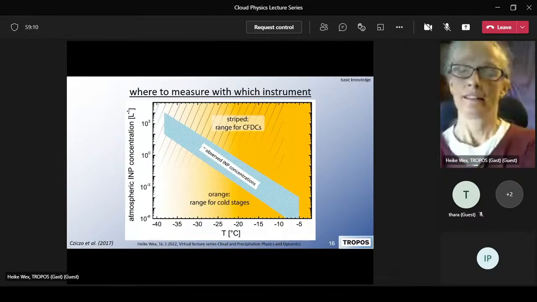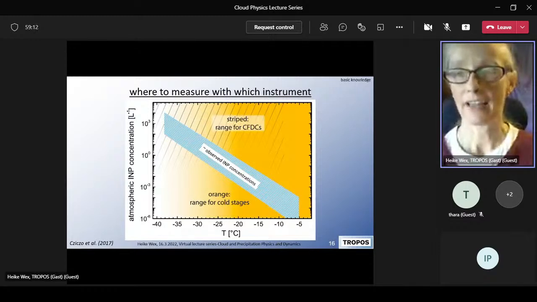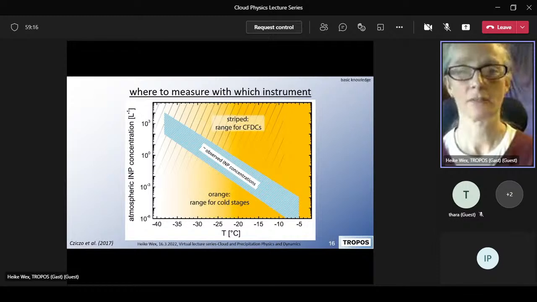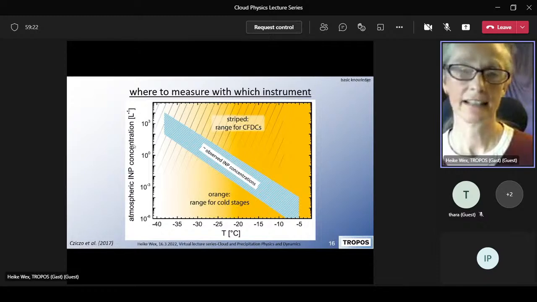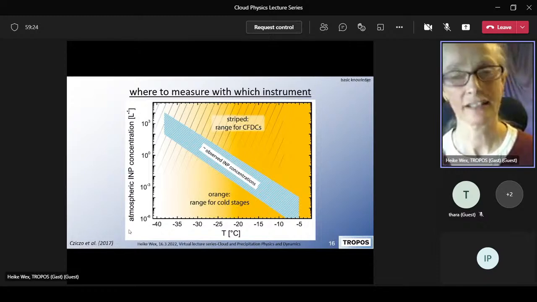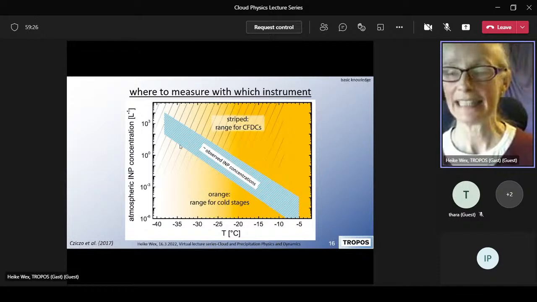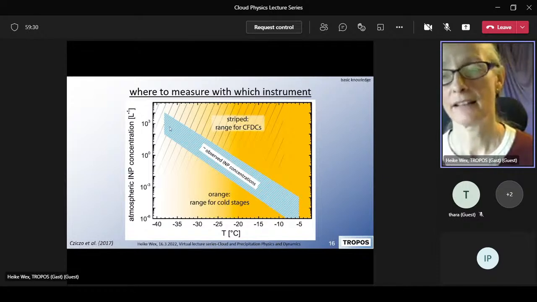Now that we know we have different instruments, where to measure with which instrument? Here in that plot, again, we see temperature on the x-axis and atmospheric INP concentrations that we now know how to obtain. That blue-white striped area gives us roughly observed INP concentrations, just an idea of where they are.